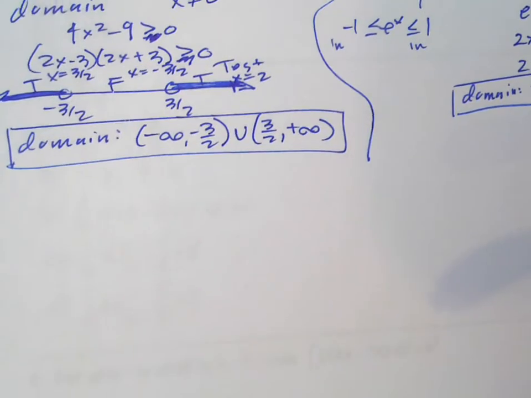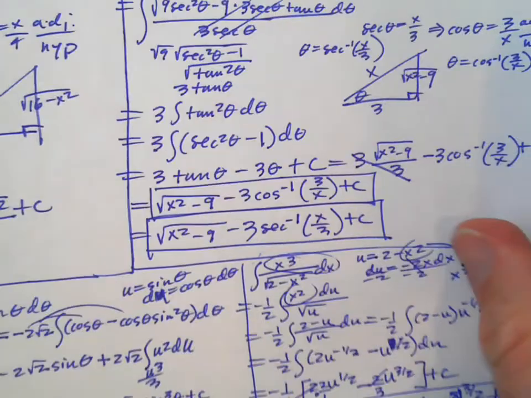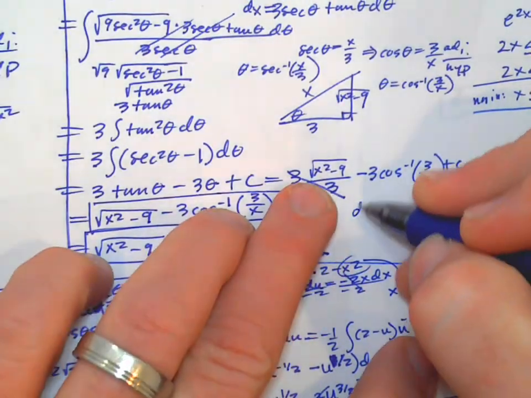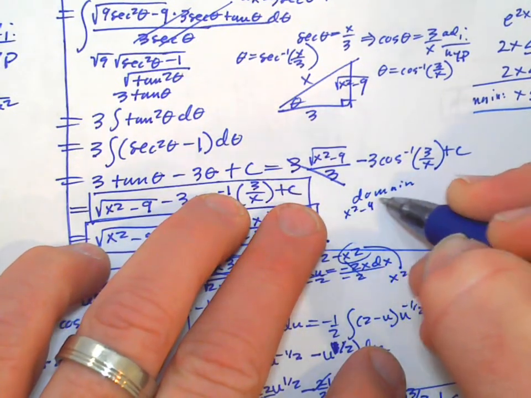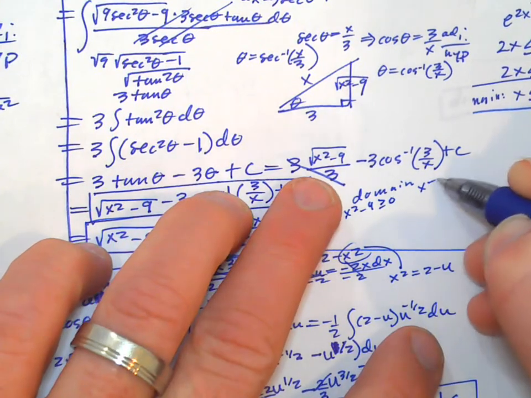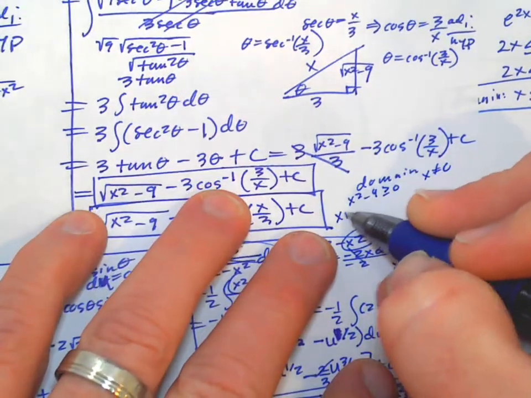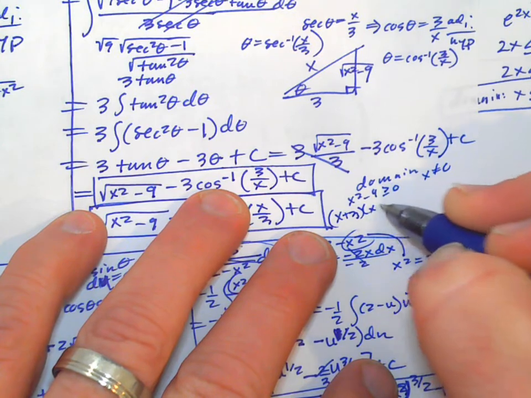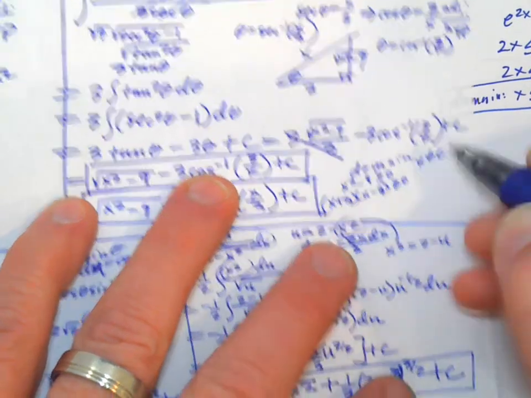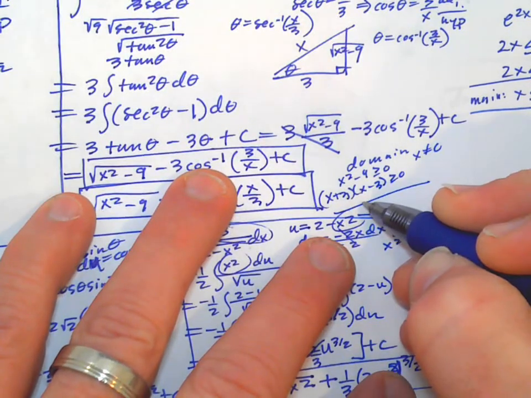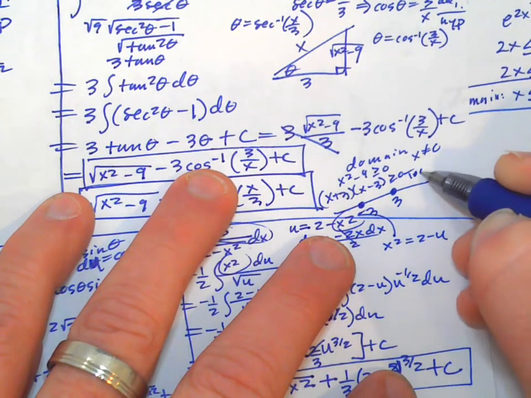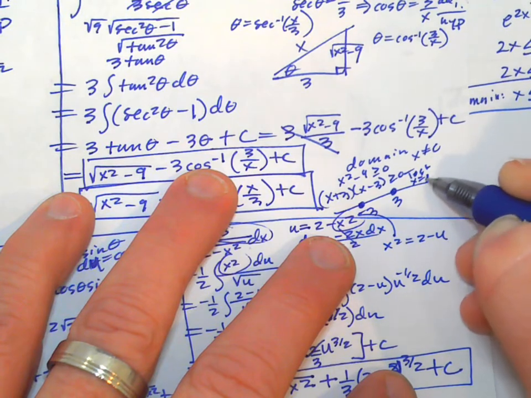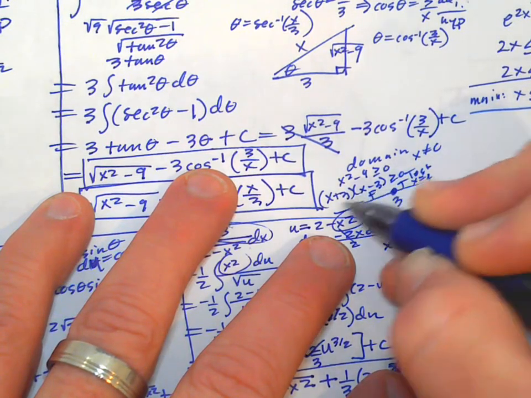I don't know if there are any others that I didn't do the domain for. I did on the first couple. So the domain of this one: the inside, x squared minus 9, has to be greater than or equal to 0. Also, x cannot equal 0. So x plus 3, x minus 3. The easiest way to do these is a line check. Solid dot at -3, solid dot at 3, test the value x equals 4, positive: true, false, true.